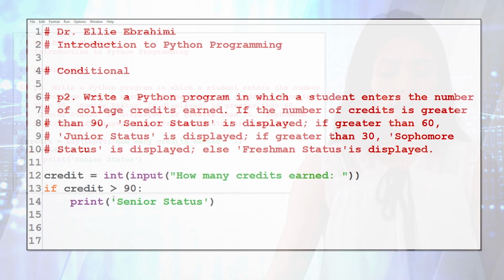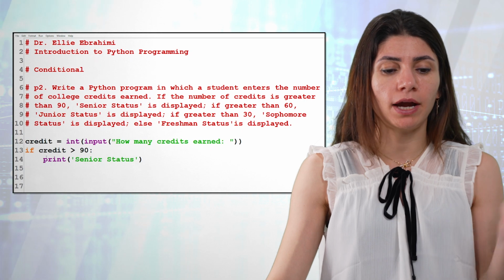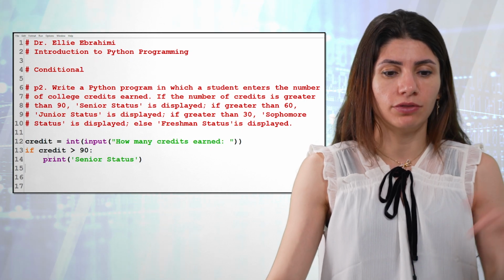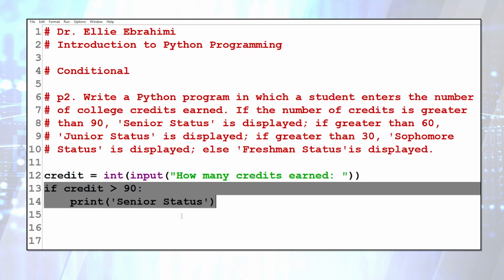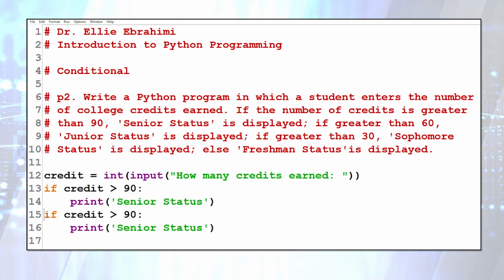All right, cool. Now I have that part set up. I can go ahead and write the other conditions. So I'm going to change that to an elif. So elif credit is greater than 60, then you're going to have a junior standing.